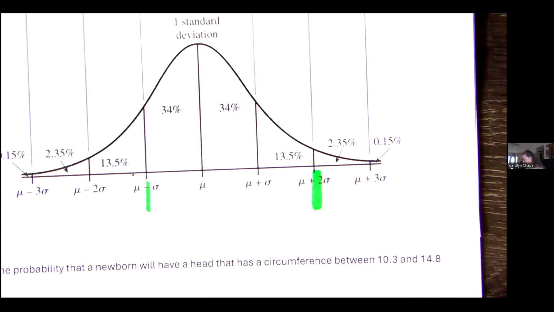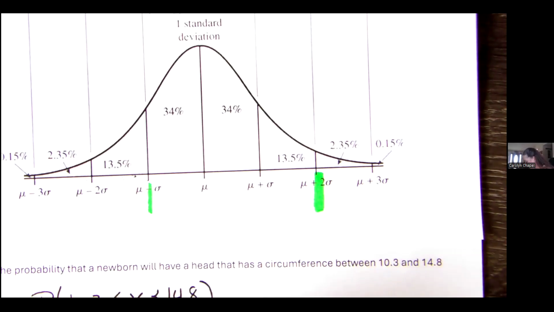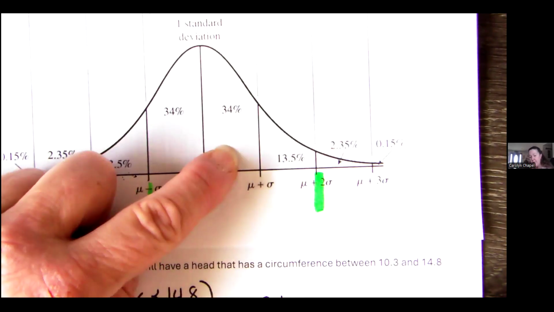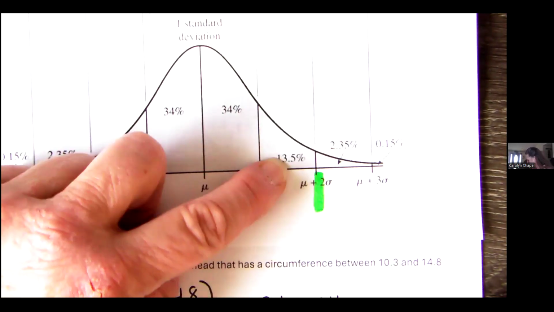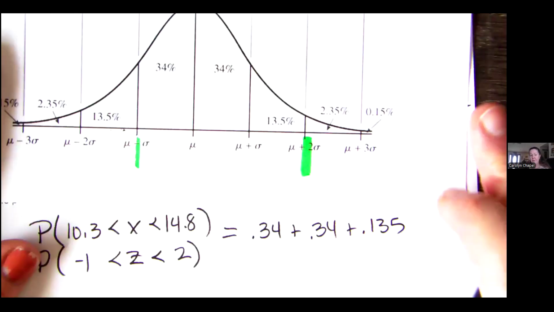And since we're talking about probability, it's the same as if I were doing a -1 to z up to 2. Those will both have the same pieces, 0.34 plus my 0.34 plus my 0.135. So I kind of wrote it all out here for you.